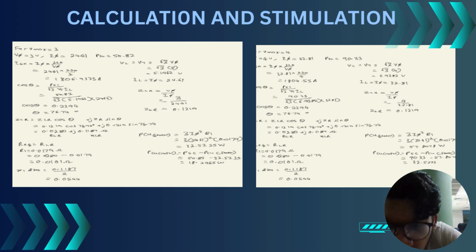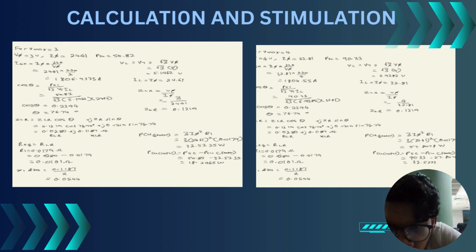Then we get VL equals 5.1962 volts, and current synchronized is 1806.9333 ampere, and then theta equals 76.74, and ZLR equals 0.1219. In ZLR we use the same formula, and then we will get RLR equals 0.0280 and XLR equals 0.1187, the same impedance we got before, and here also the same.